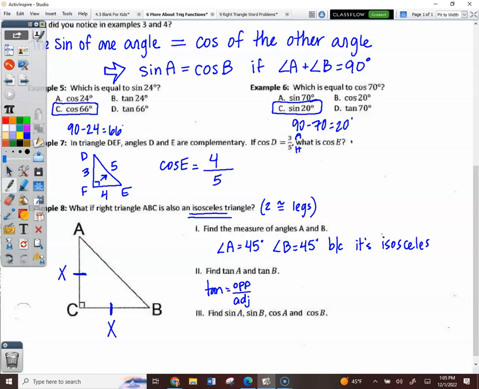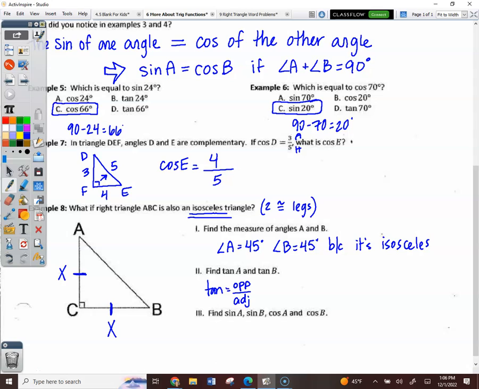So, if I was to find tan of A, what would the fraction be? x over x. What's anything over itself? 1. Anything divided by itself? 1.